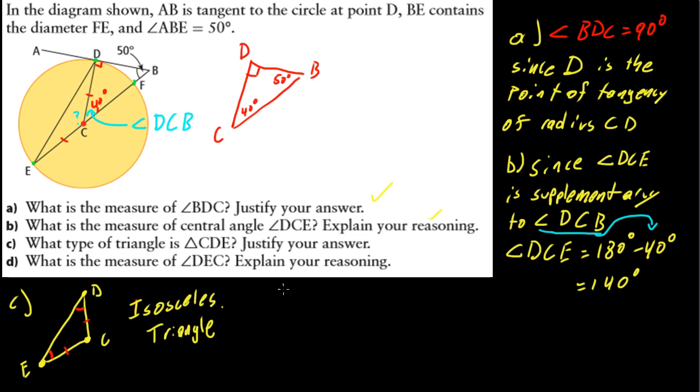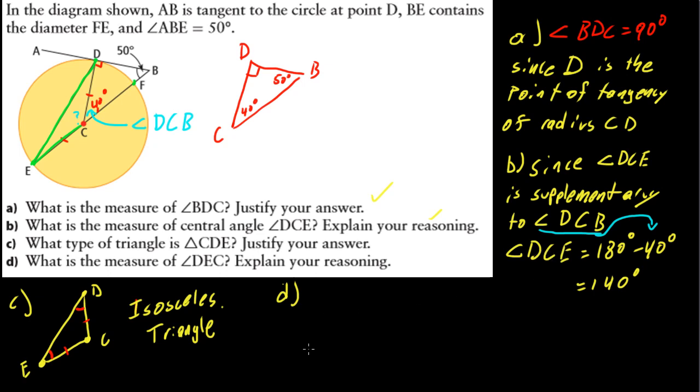And finally, let's do the measurement of DEC. I'm going to label this one out one more time so we know we're looking at D all the way to E and then all the way to C. And remember, we actually already know what angle DCE is.